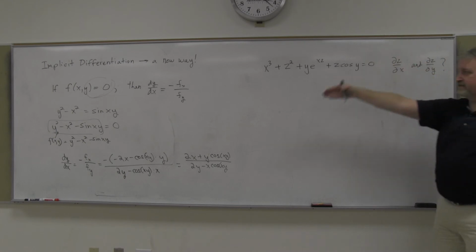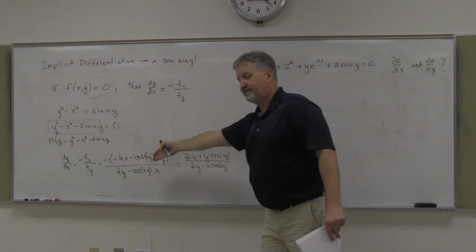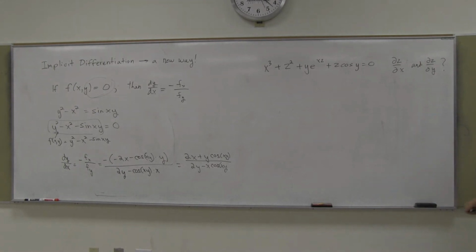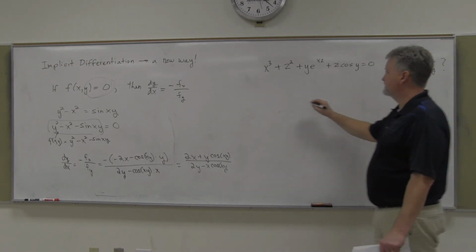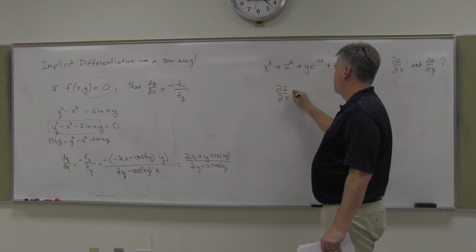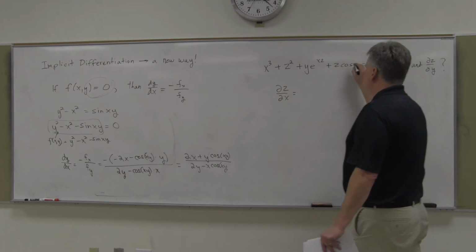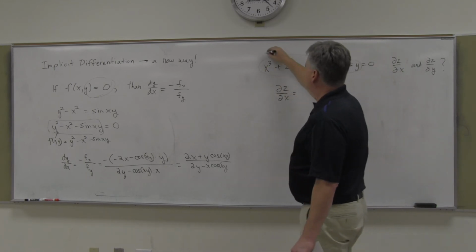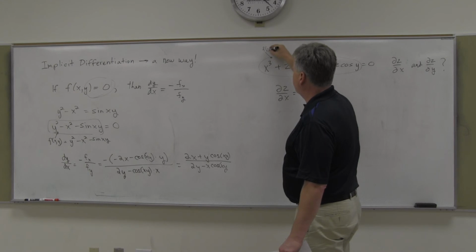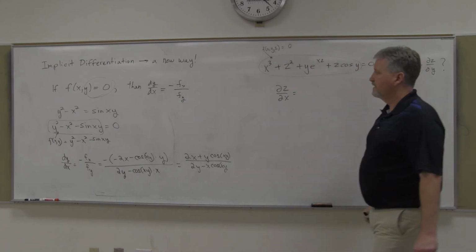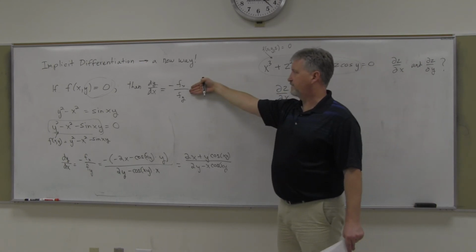Well, I can extend this method to do this. The partial of z with respect to x here is going to be this. So we've got it equals 0, so this is going to be f of x, y, z. And I'm going to do the very same thing with it.